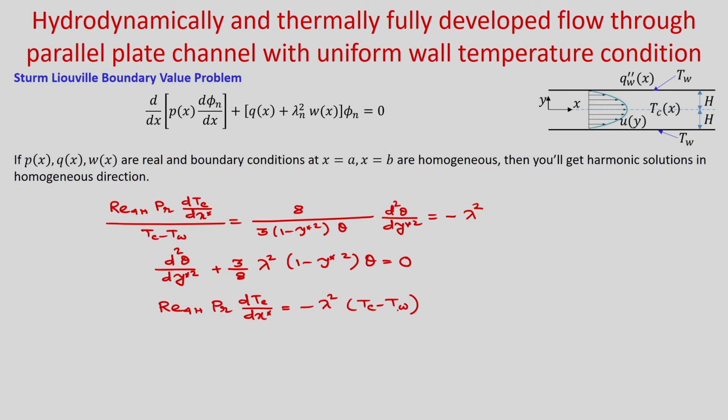Now, you see this equation. If you compare with this Sturm-Liouville boundary value problem, you can see you have the weighting function w x as 1 minus y star square into 3 by 8, and p x is 1 and q x is 0, and y star is the homogeneous direction.